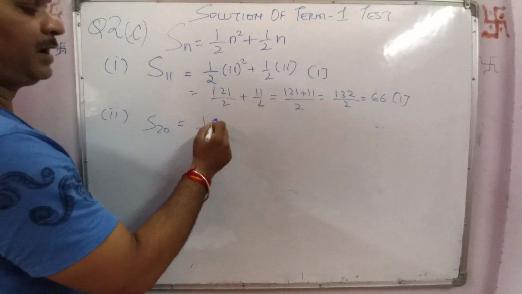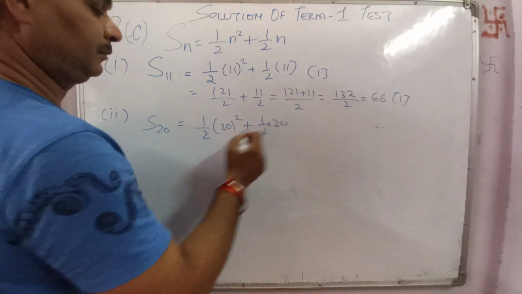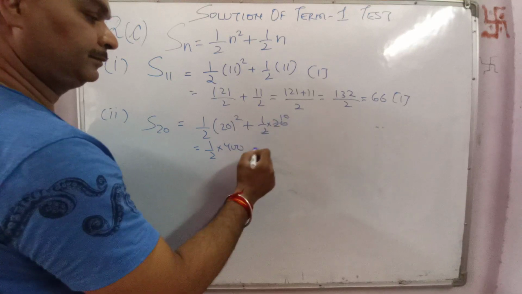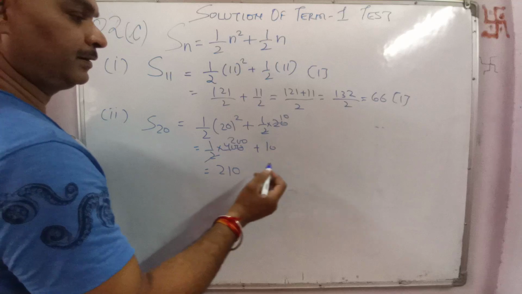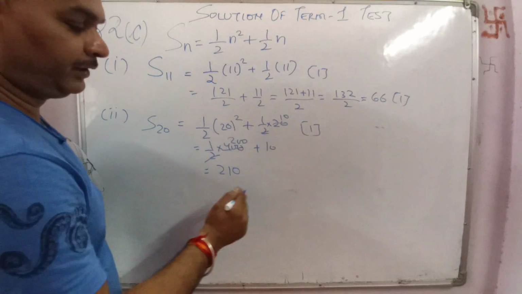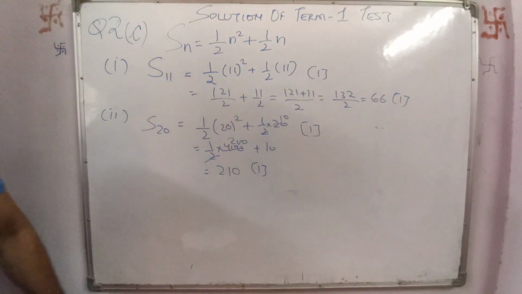So replacing n by 20. Half into 400, plus half into 20, this is 200 plus 10, that is 210. Same mark distribution, 1 mark for substituting n is equal to 20 and 1 mark for the correct answer.